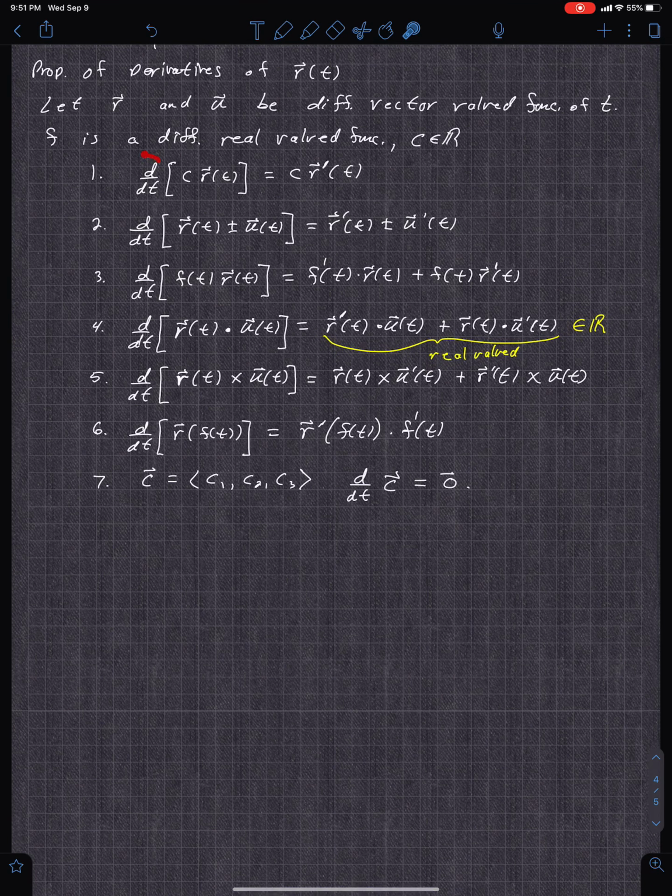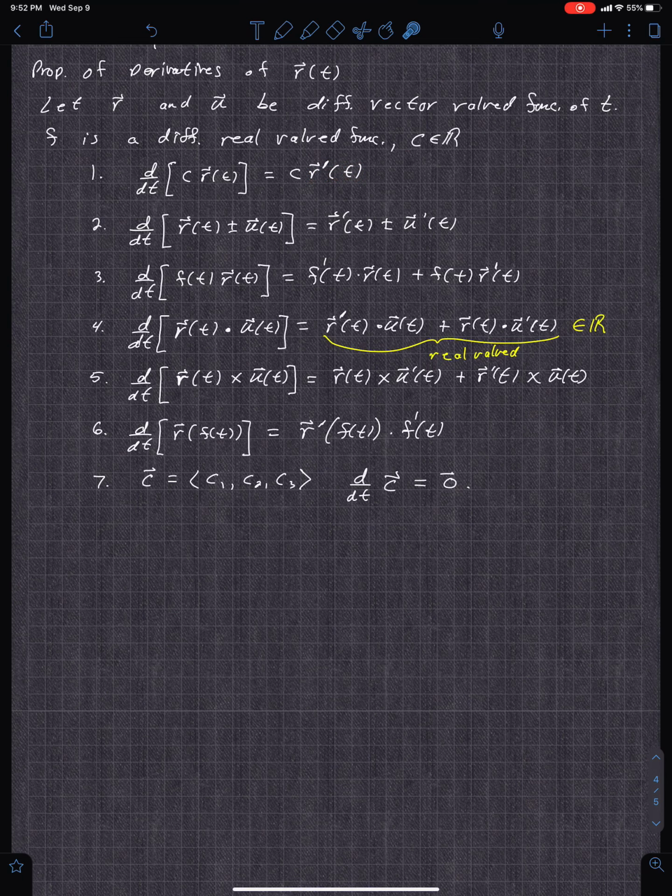Here's your derivative. This is using the other notation, d dt, or it's prime notation, but it's more like an operator, which works better sometimes. So if you have the derivative of a constant times r, just like real valued, you just factor out the constant, and it's c r prime of t.